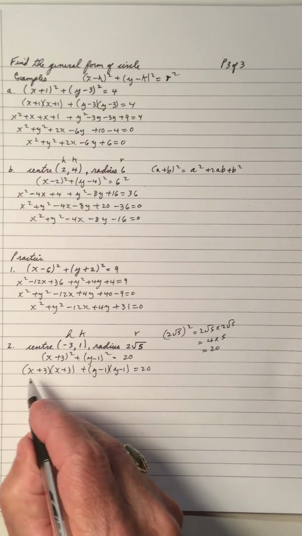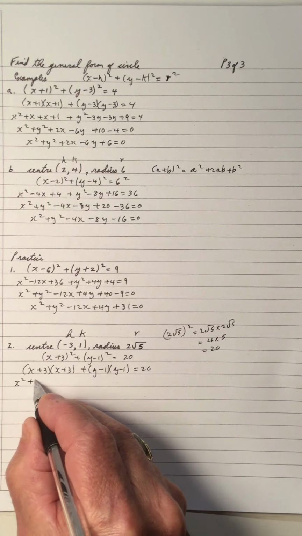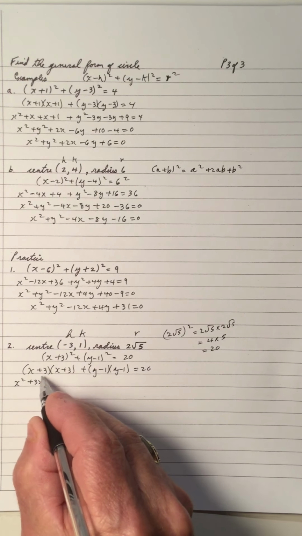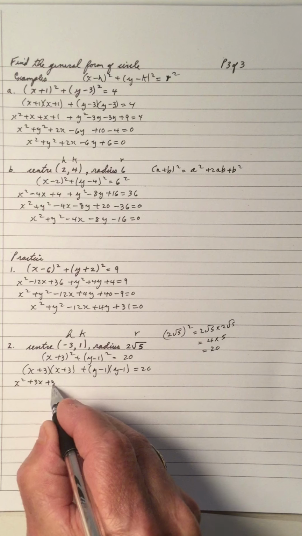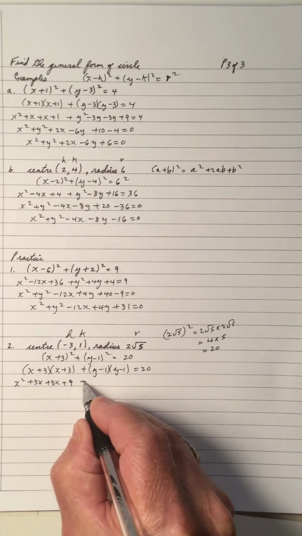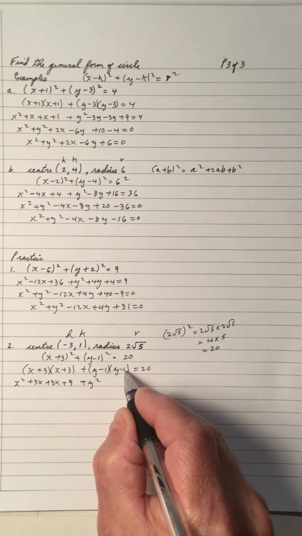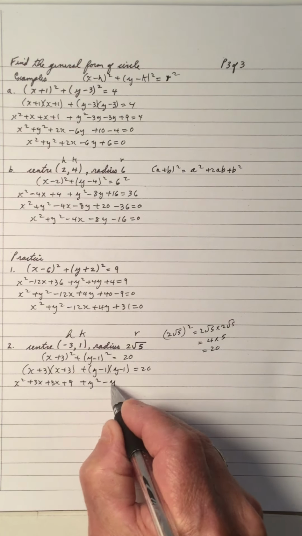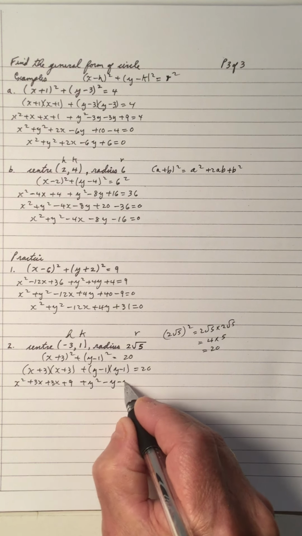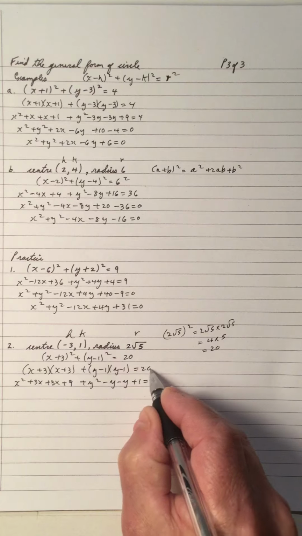Now I'm going to do it by FOIL, and I get first, outside, inside, last, plus y times y is y squared, y times negative 1 is negative y, negative 1 times y is negative y, negative 1 times negative 1 is a plus 1, equals 20.